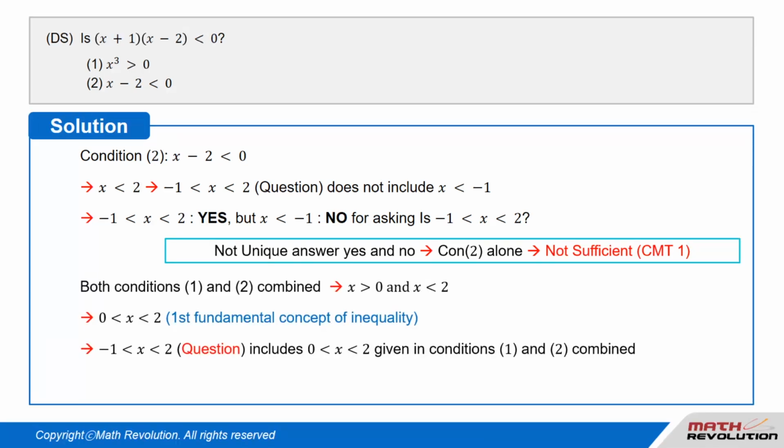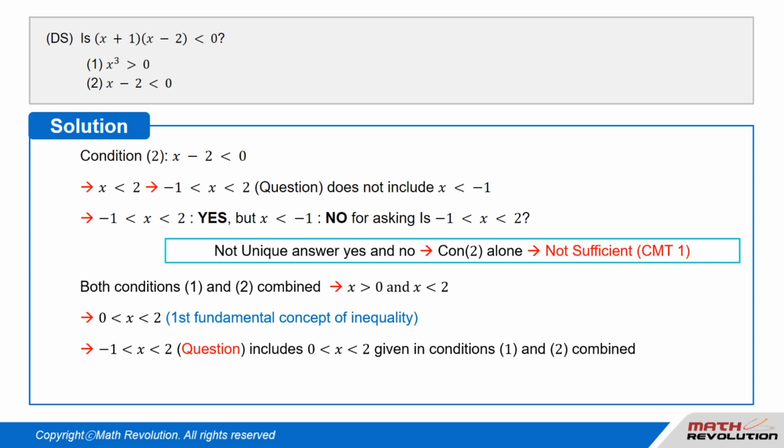If both conditions are put together, we have x is greater than 0 and x is smaller than 2, which gives 0 is smaller than x, which is smaller than 2, by the first fundamental concept in inequality.